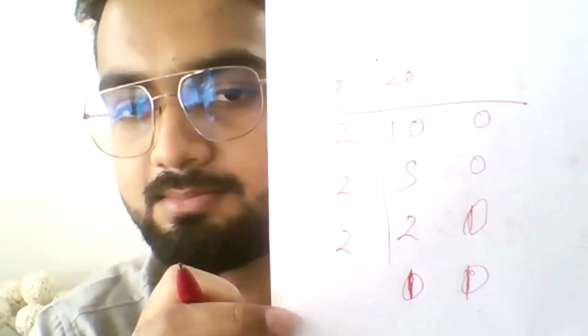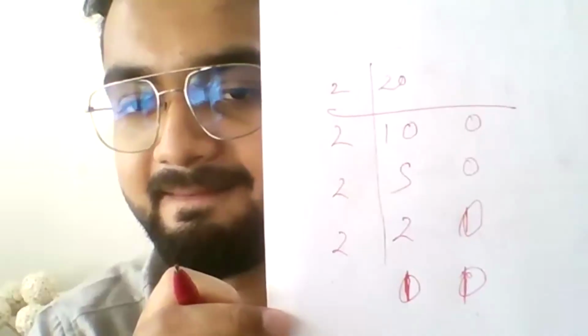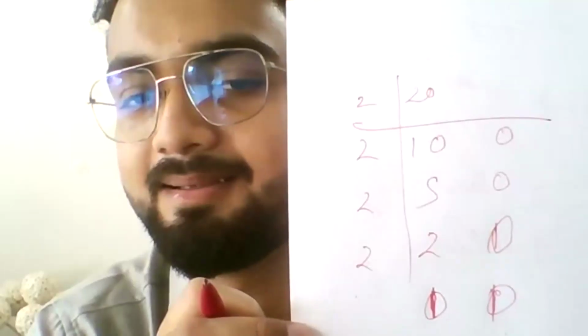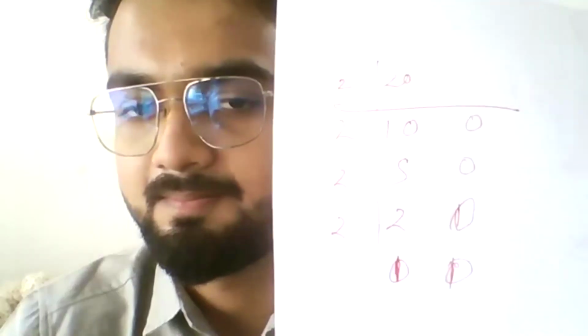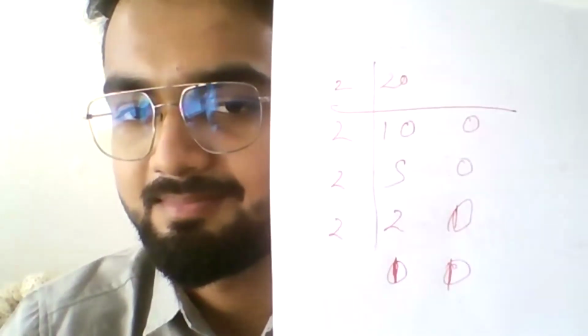Sir, if we divide 2 by 2, what should be the remainder? The remainder should be 0, but the quotient should be 1. Are you sure? Yes, sir.